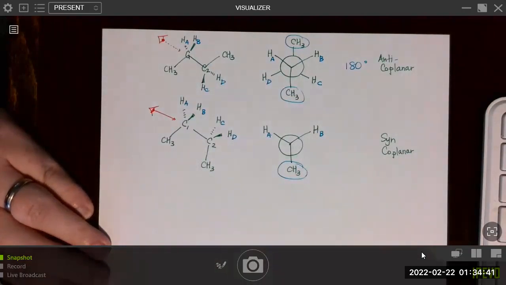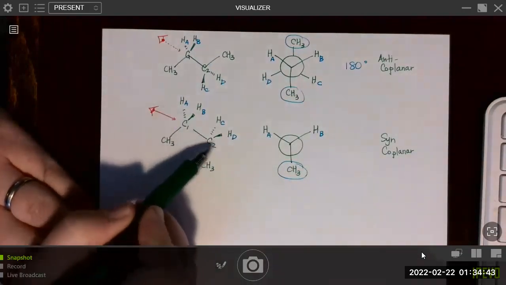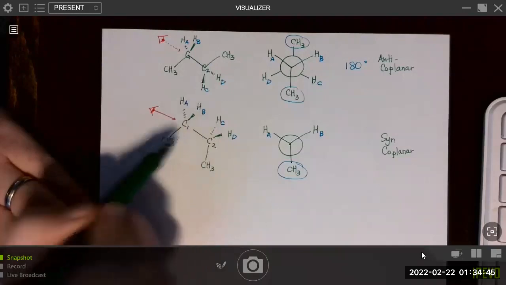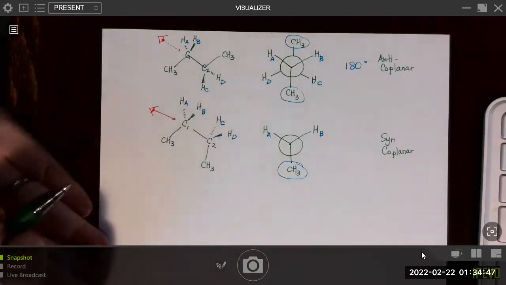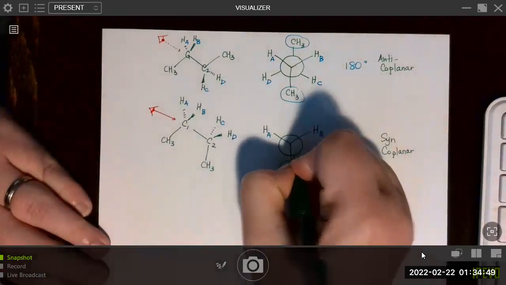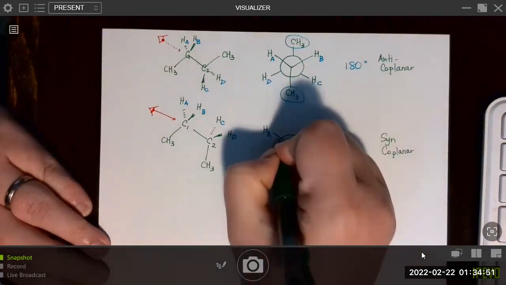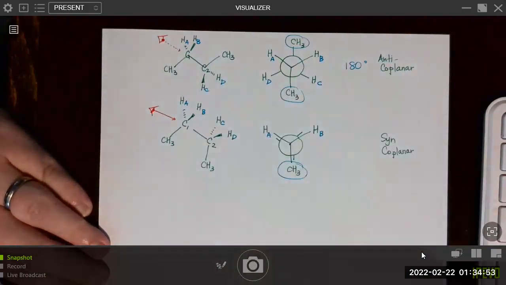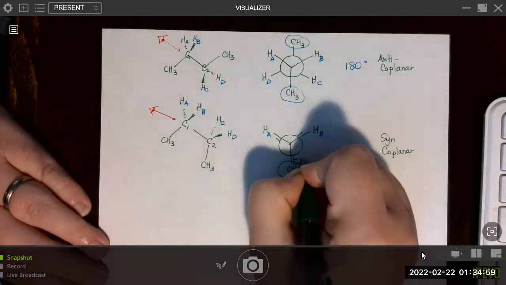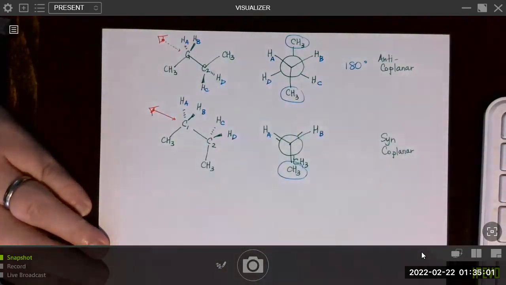Okay, and in looking at it this way, we're actually right now at a totally eclipsed conformation. So I'm going to draw in those groups that are behind the front carbon groups. And then the second methyl is here. Then I can circle that.